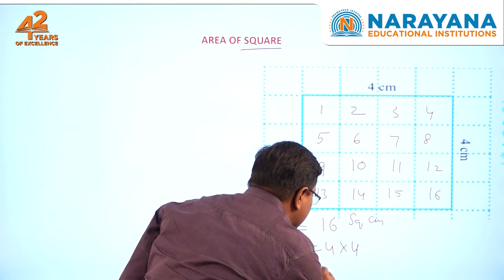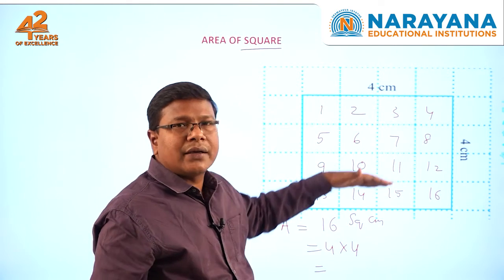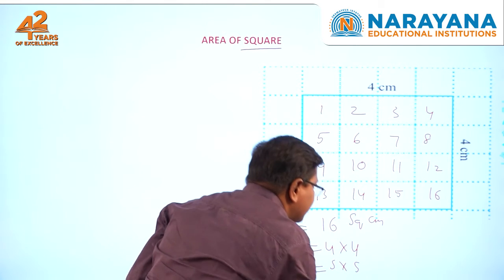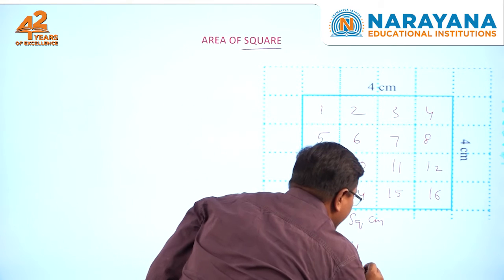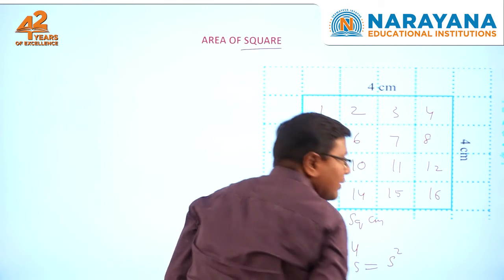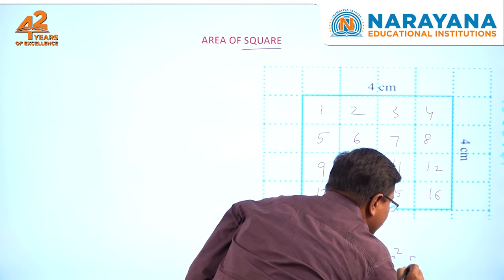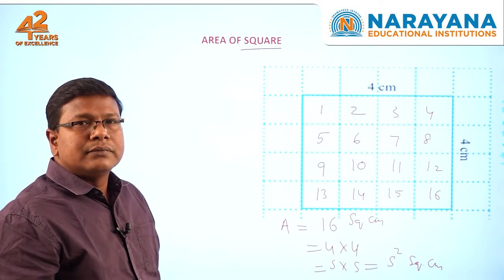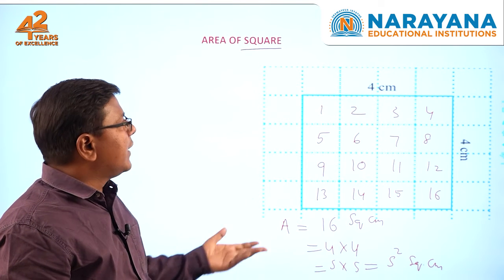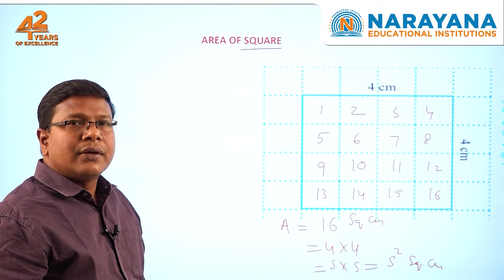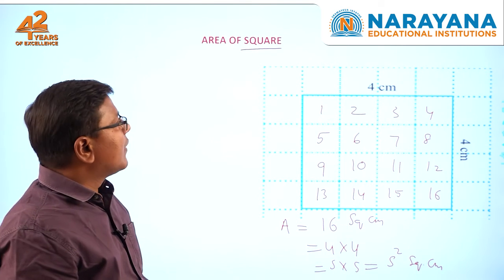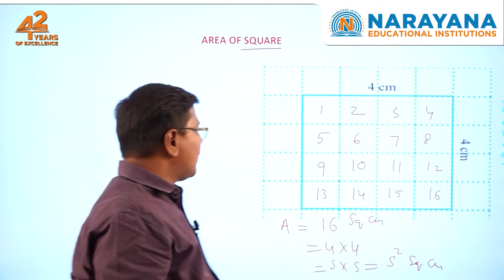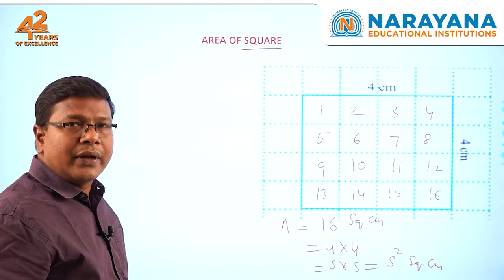Therefore, we can write side into side, which is side squared, in square centimeters. The area of a square is just side into side, or you can write length into length, whatever that may be. Side into side gives the area of this square, fine.